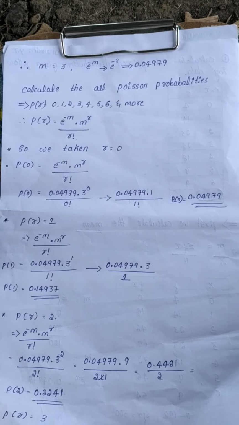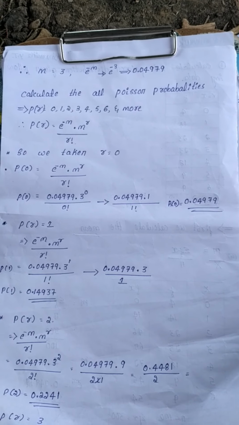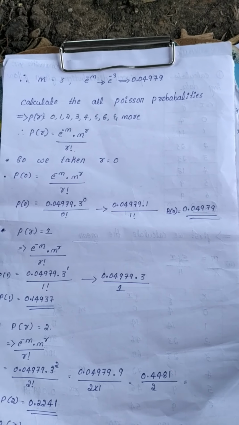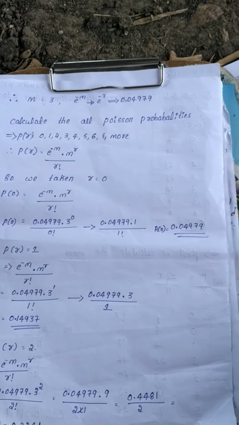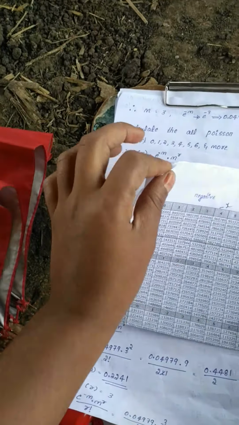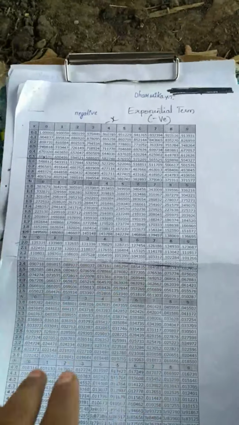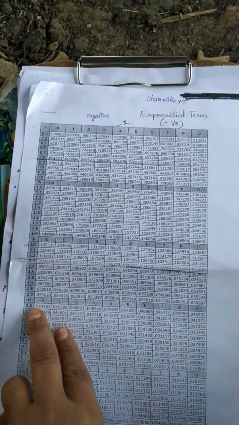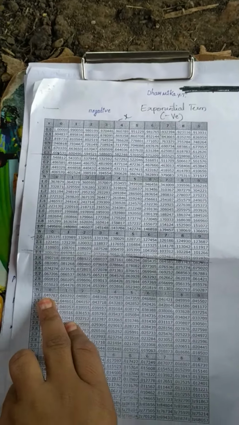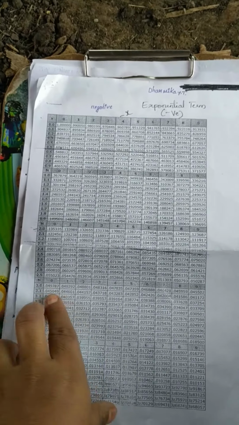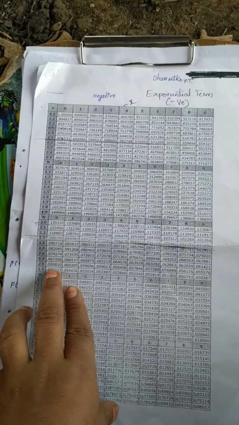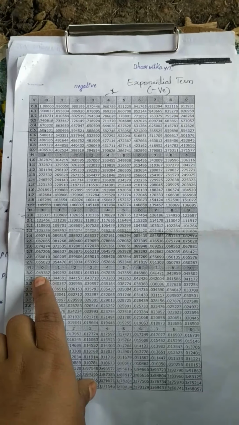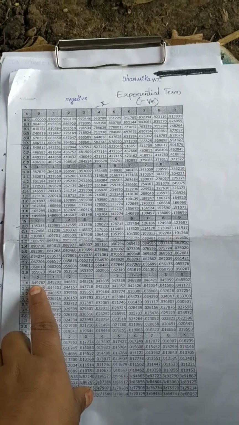E power of minus m is e power of minus 3, which is 0.04979. We can take the e raised to minus 3 value from the table, looking at 3.0.